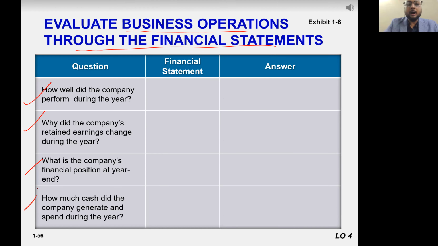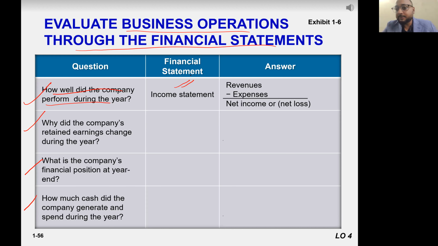Number 1, how well did the company perform during the year? Everyone wants to know how much we earned during the year, what our sales were, what our expenses were. This is going to be shown in the income statement.